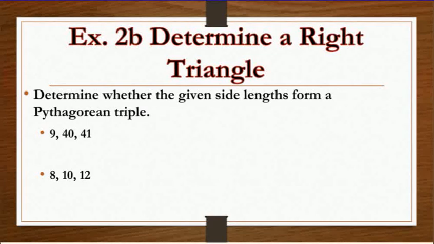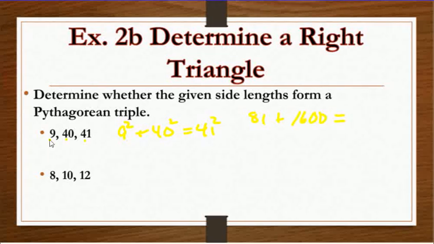So determine whether these form a Pythagorean triple. The first two are your a's and b's, and the third one is your c. So if I do 9 squared plus 40 squared, that should equal 41 squared. 9 squared is 81. 40 squared is 1600.